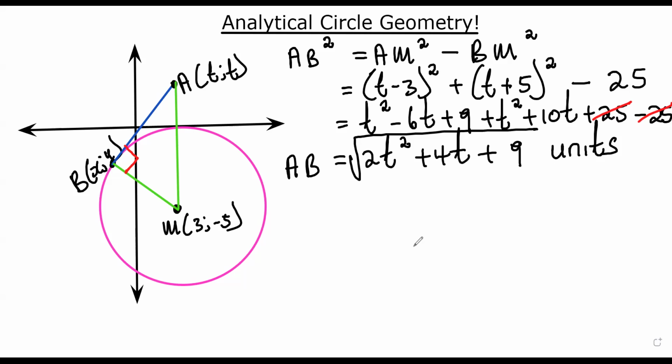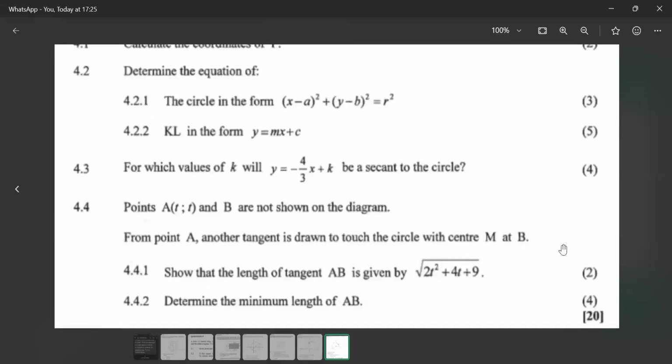Now, what does the next question say? Which, fortunately enough for us, is the last question. So, well, here they say, please determine the minimum length of AB. So how can you find the minimum length of AB? Well, it's very, very easy.